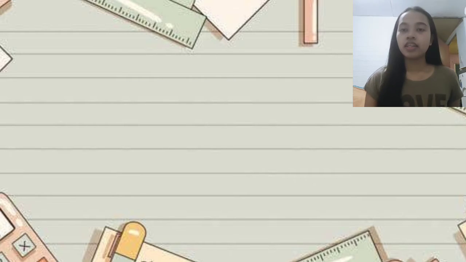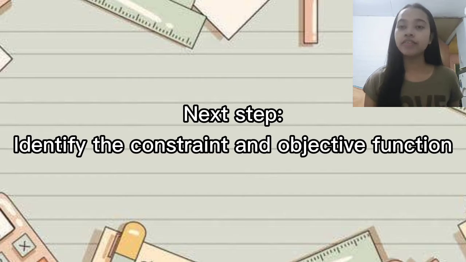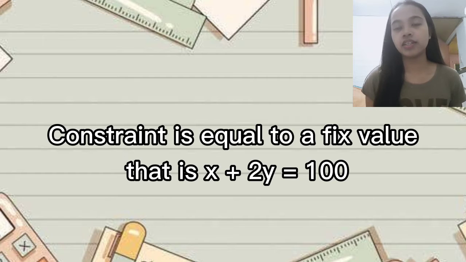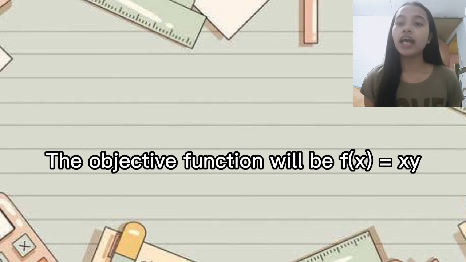And then the next step is we have to identify the constraint and the objective function. So the constraint is equal to a fixed value, that is x plus 2y is equal to 100. And our objective function or objective equation will be f of x is equal to xy.